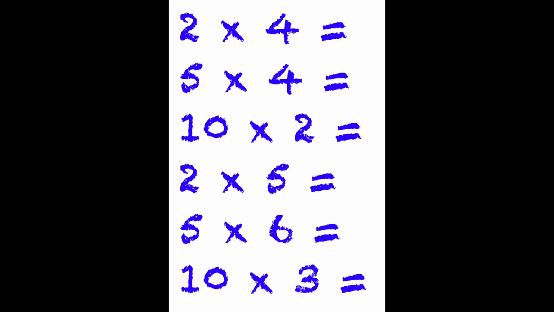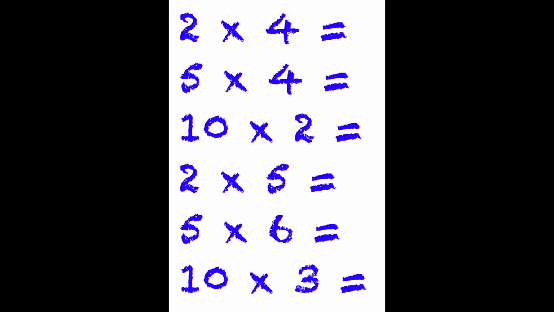Your task now is to create an array for every one of these number sentences. Then you're going to circle the different groups with 2 different coloring pencils or felt tips like I just did in the video. And then you are going to write the matching number sentence.